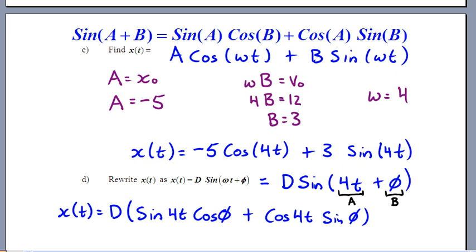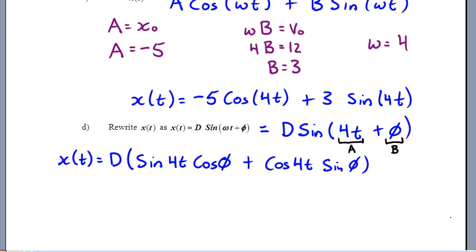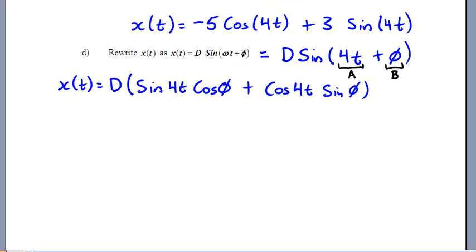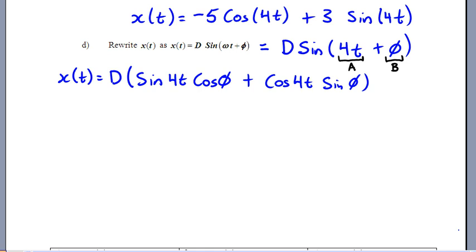It's definitely looking messier than it did before, and I'm now going to maybe make it even messier. I'm going to distribute that D, but I don't have a lot of room to finish this off. So I'm going to distribute the D, and I'm going to colorize it at the same time. If you happen to have some colored pens, this really might help you out.